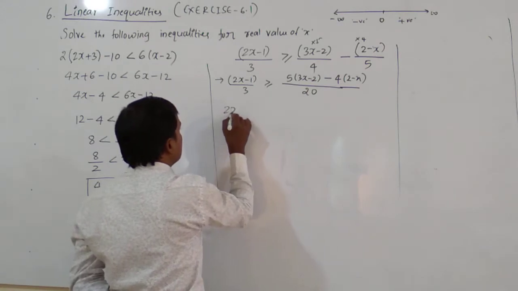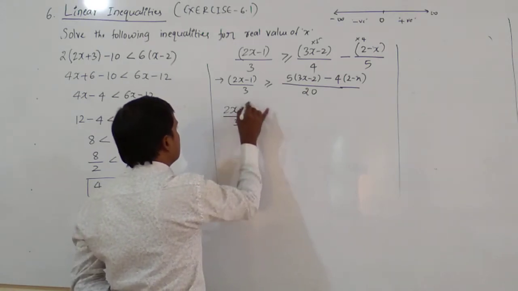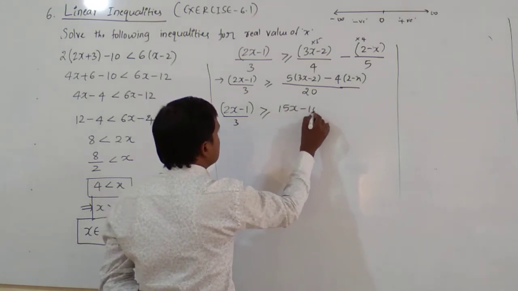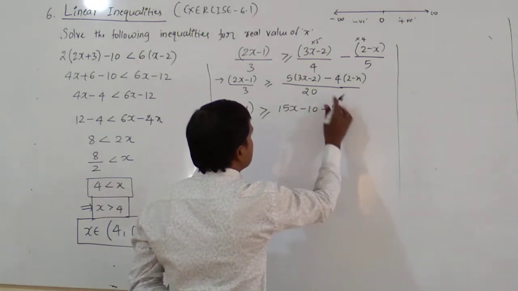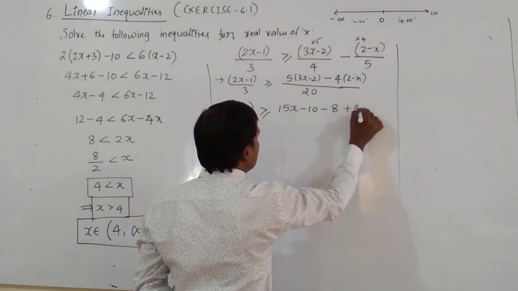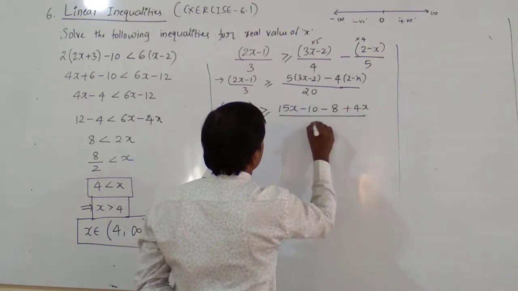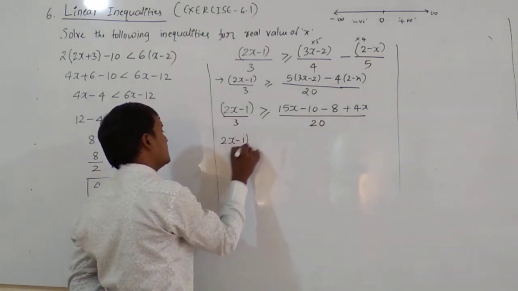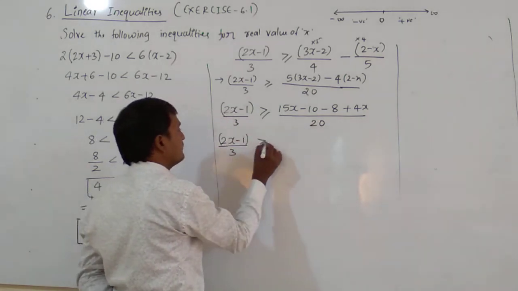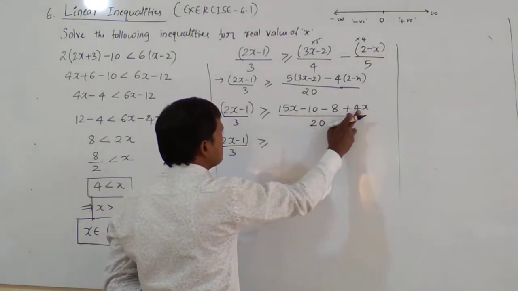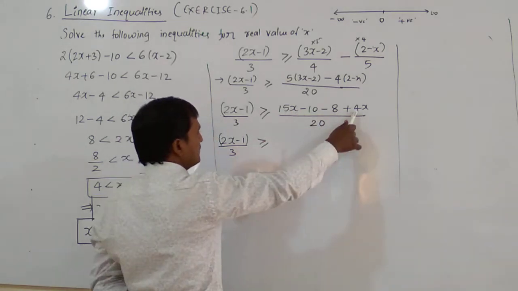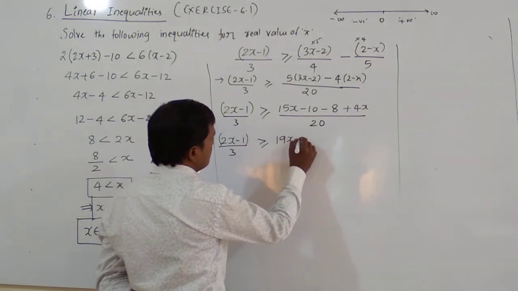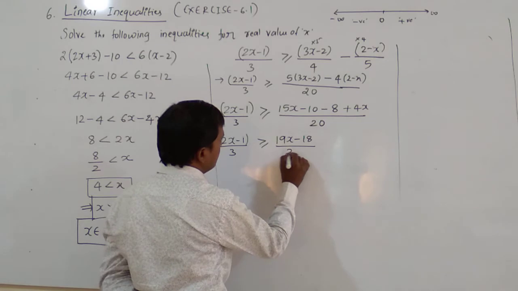So 2x minus 1 by 3 is more than or equal to 15x minus 10, here minus 8, minus into minus plus 4x, divided by 20. So it is 15x plus 4x, clearly 19x minus 18 divided by 20.